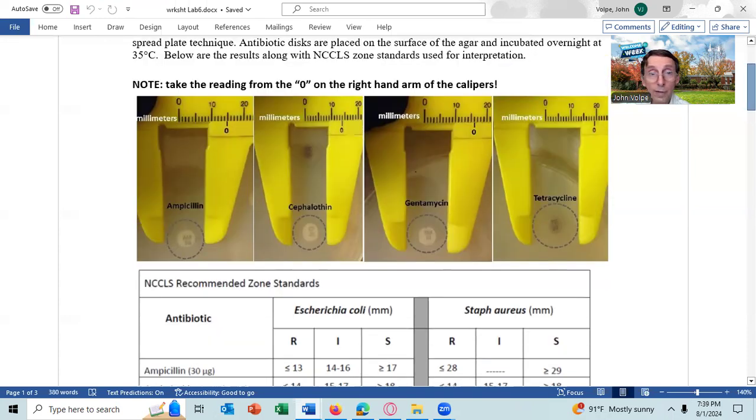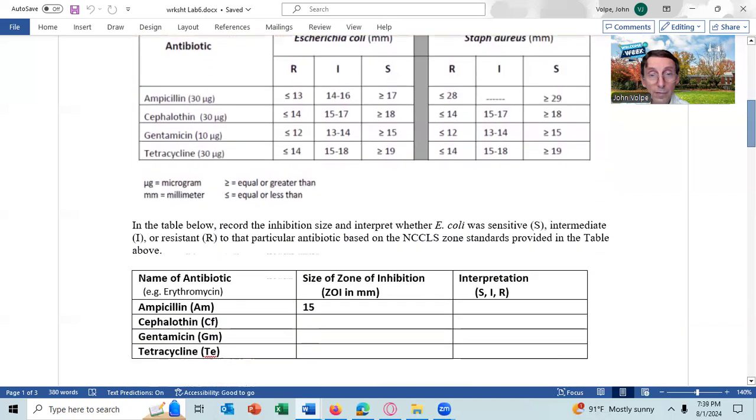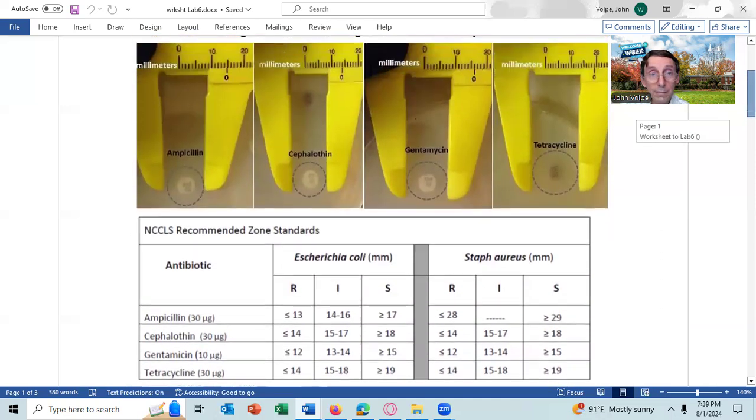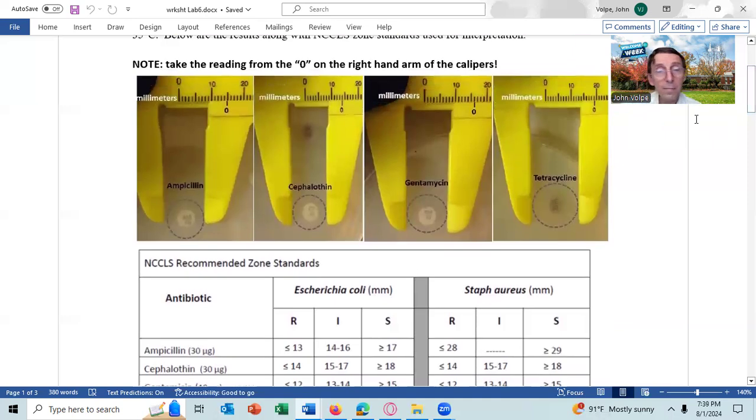So what you do is you measure the size of the zone of inhibition. I've got the first one filled in for you, ampicillin. The measurement of the zone of inhibition is from this 0 to that 0, or very close to 15 millimeters.